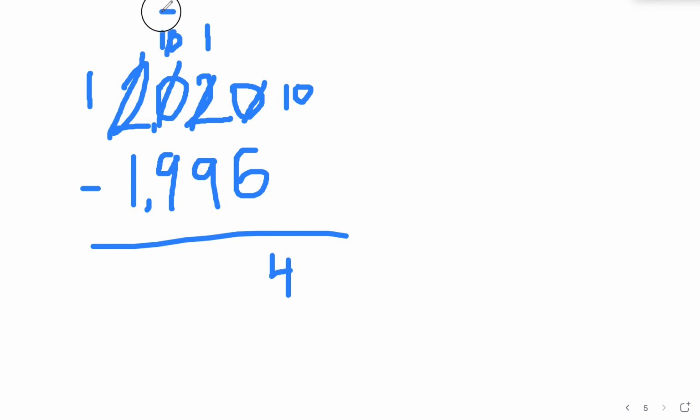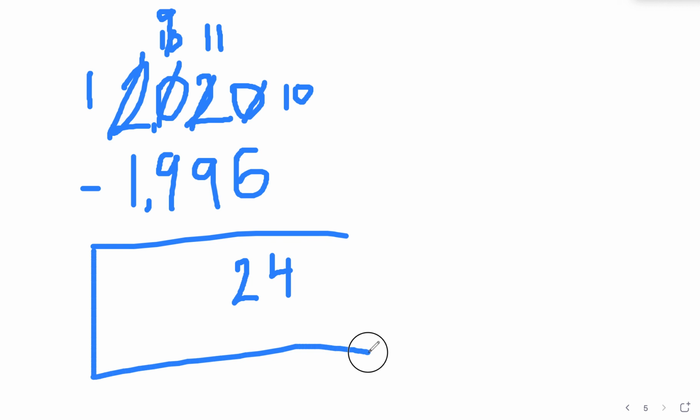So this becomes a 9. And 1 plus 10 is 11. What's 11 minus 9? It is 2. And what's 9 minus 9? It's 0. And what's 1 minus 1? It's 0. So I have no thousands left, and I have no hundreds left. So my answer is just 24.